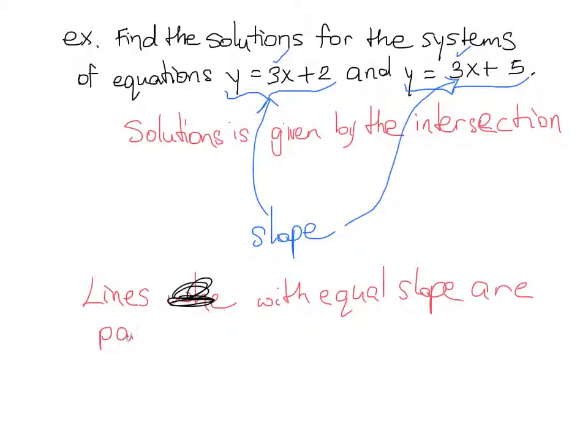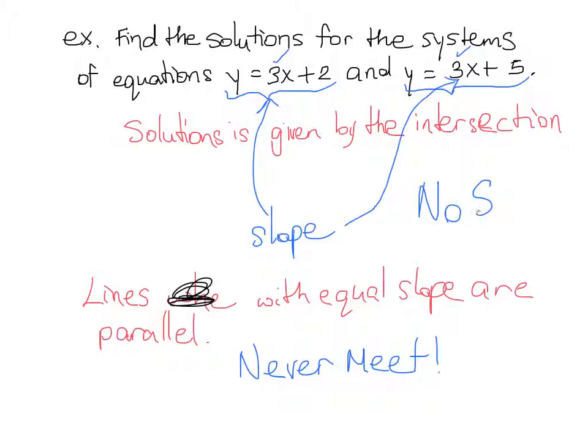And what do you know about parallel lines? Last question. If you said that they never meet, you are correct. Which means that these two lines will never meet, which means that, finally, they have no solution. So this system of equations has no solutions.